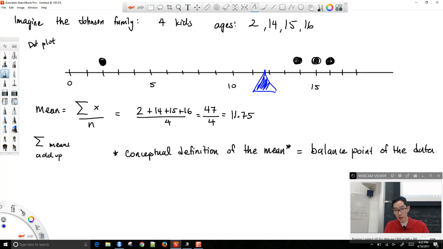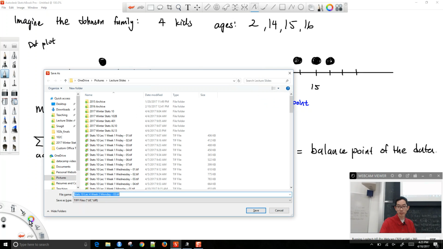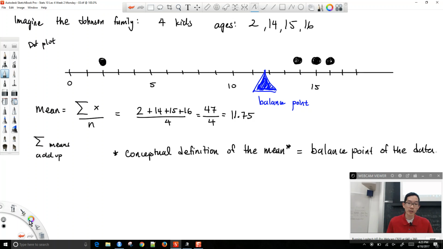This is my balancing point, 11.75, that's where the seesaw stays balanced. Because this guy is so far away, he exerts a lot of leverage. These three are a little bit closer, so they don't exert as much leverage, even though there's three of them and only one over there. Does that make sense? So the mean here is 11.75.